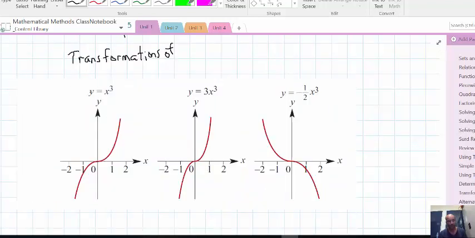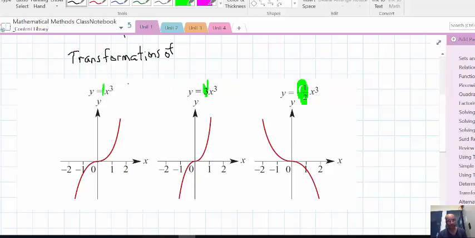So consider the three graphs we have here. We've got y = x³, y = 3x³, and y = −1/2 x³. What we're looking at here are examples of dilation. So we're looking at the coefficient a there, and these are dilations.